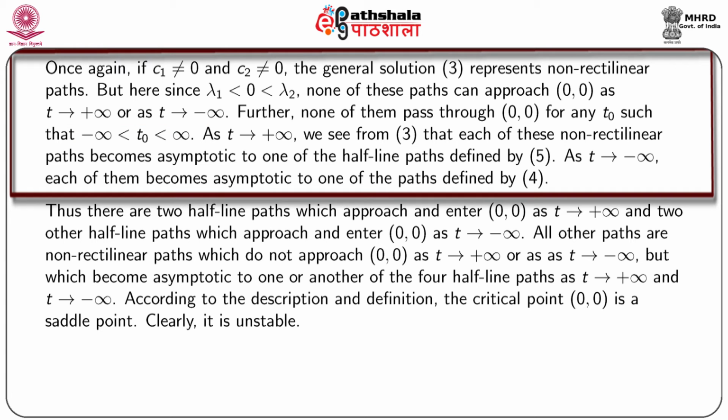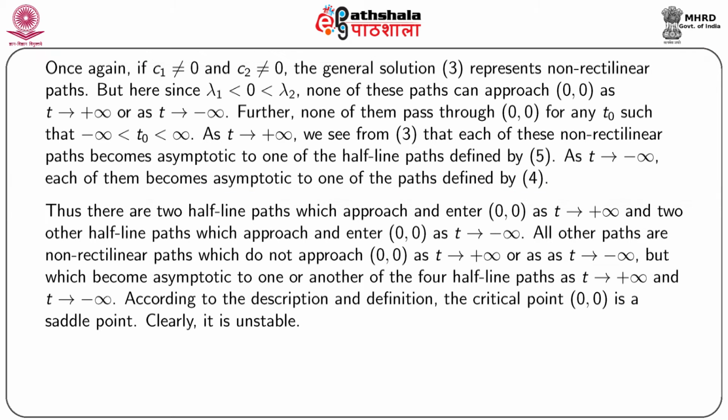Moreover, none of them pass through 0 for any t0 such that minus infinity is less than t0 less than infinity. As t tends to plus infinity, we see from 3 that each of these non-rectilinear paths becomes asymptotic to one of the half-line paths defined by 5, and as t tends to minus infinity, each of them becomes asymptotic to one of the paths defined by 4.